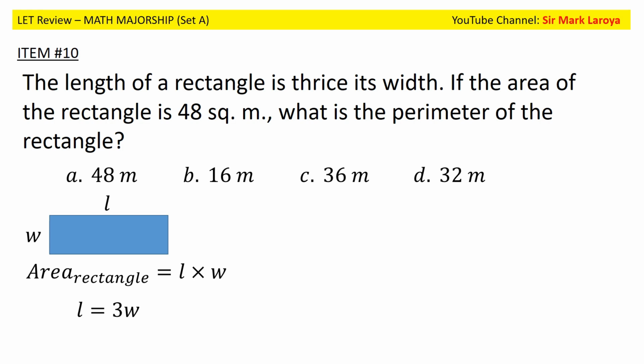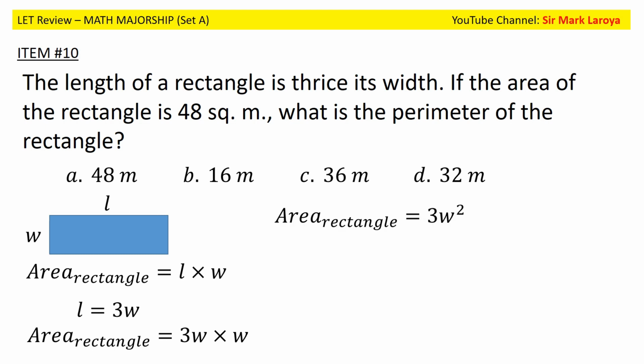So, yung area ng ating rectangle now na length times width, dahil yung length ay 3W, so we can also say that area of the rectangle is equal to 3W times W, or that is, area is equal to 3W squared.